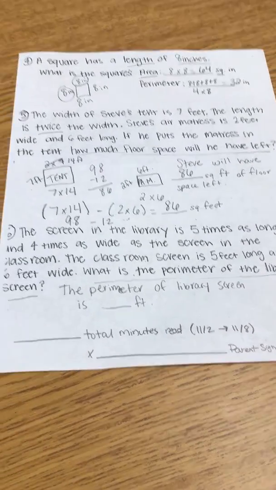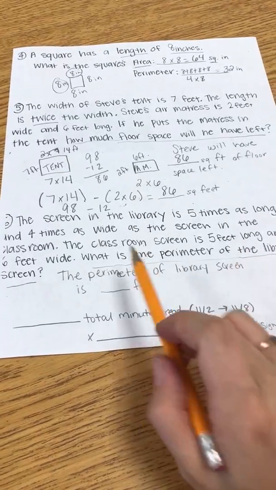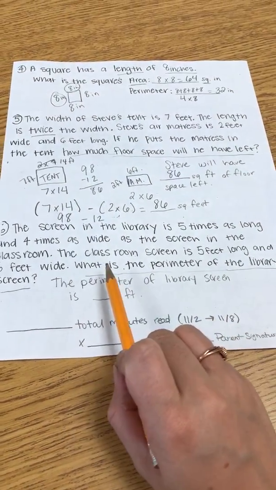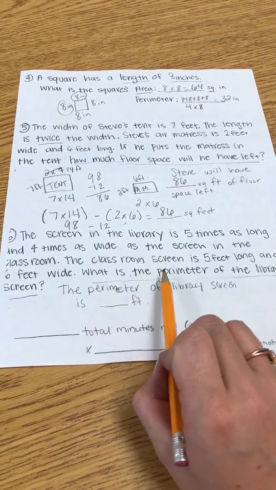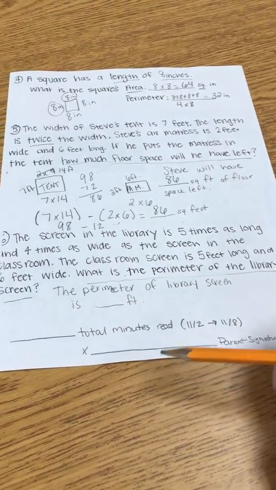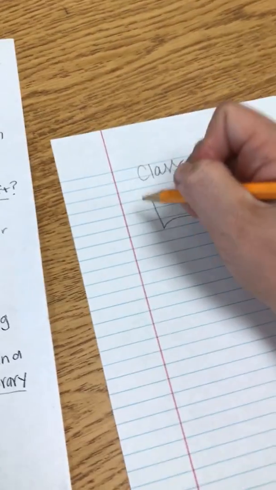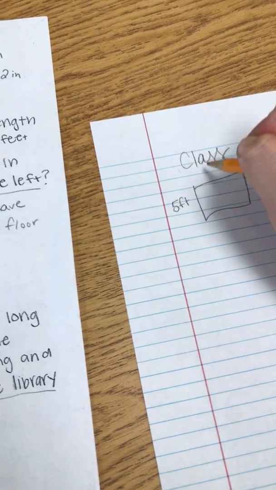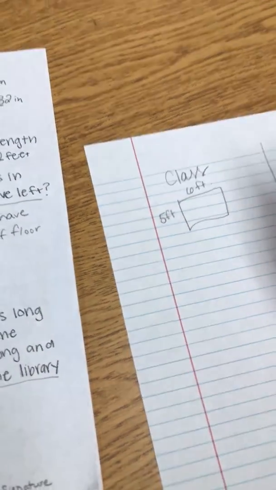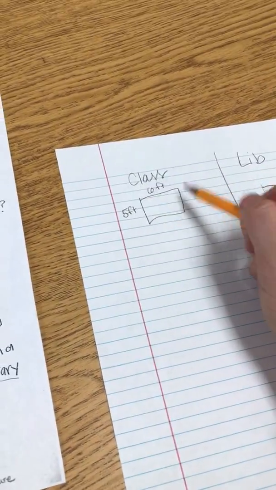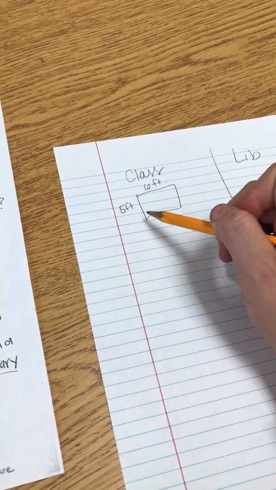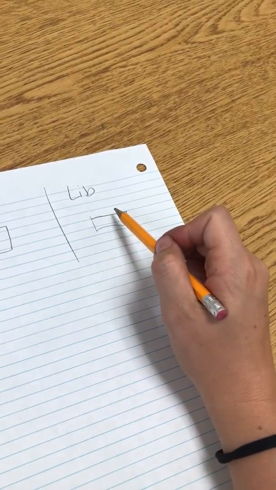I have to do a couple steps to get there. So I do know the length and width of the screen in the classroom. It says the classroom screen is 5 feet long and 6 feet wide. Easy peasy lemon squeezy. Now, I'm going to use this information about the screen in the classroom to determine the length and width of the screen in the library.